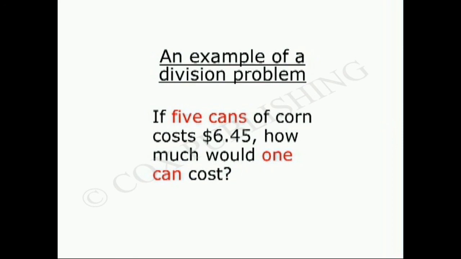So here they gave us information about 5 and asked us to solve for 1. You divide by the number that changed from many to 1, which was the 5. 5 divides into 6 and 45 hundredths, 1 and 29 hundredths. This is money, so that is $1.29. That's how much 1 can costs.